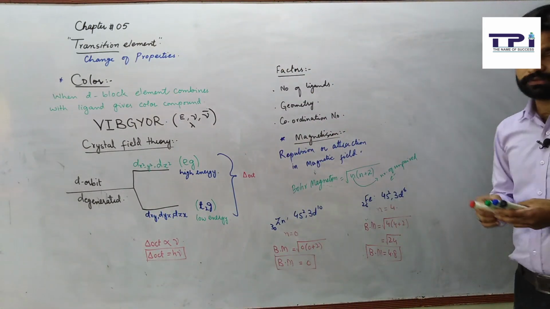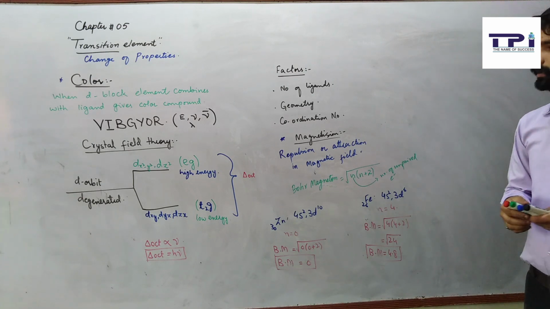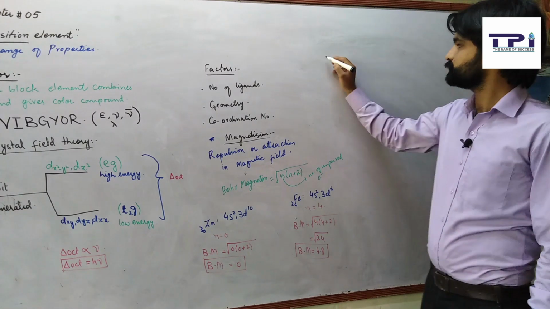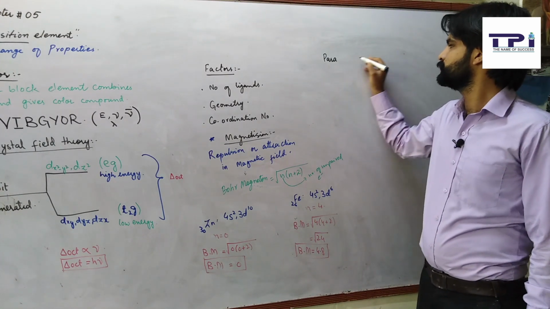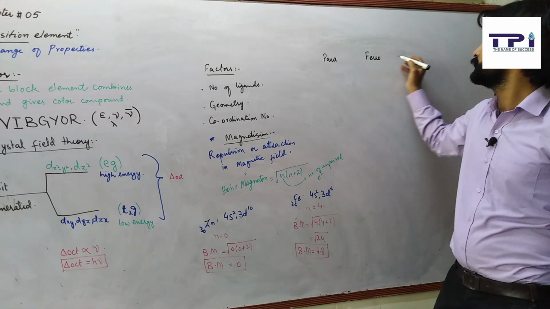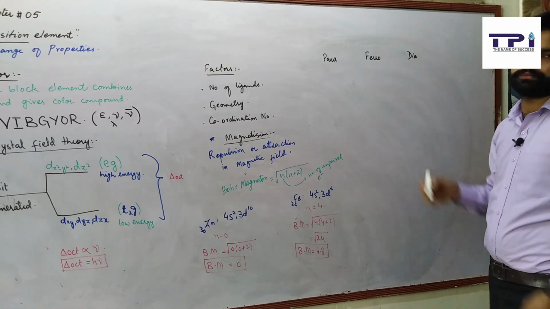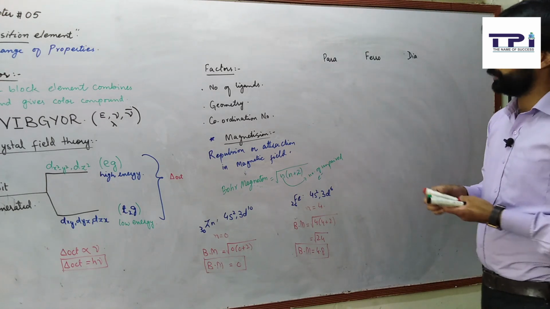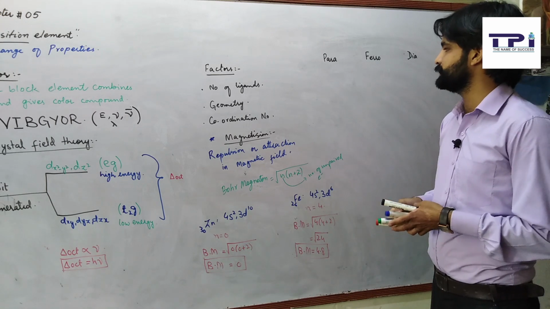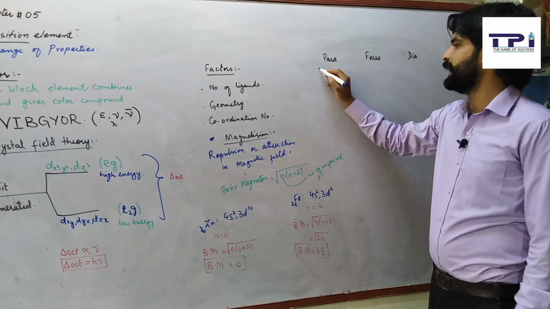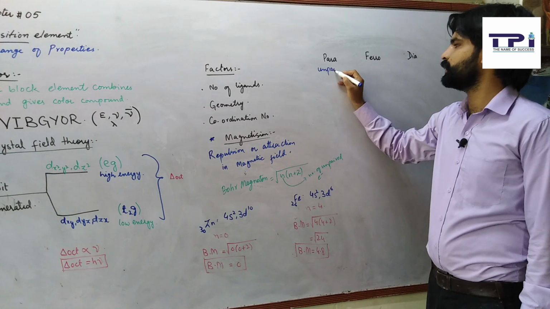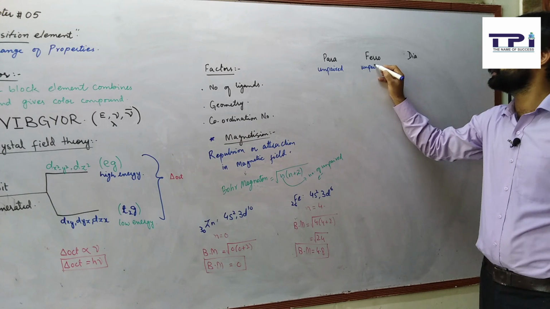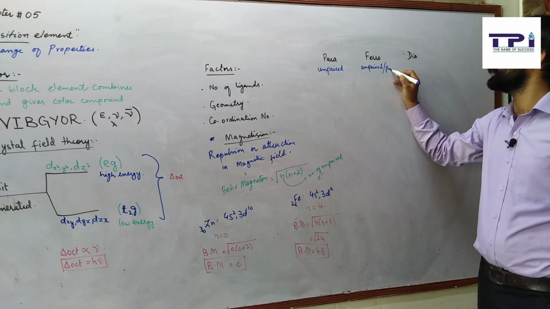Now you have to memorize there are 3 main types of magnetism in D block elements: para, ferro, and the last one, di. Paramagnetism, ferromagnetism, diamagnetism. Paramagnetism has unpaired electrons. Ferromagnetism has unpaired as well as paired.